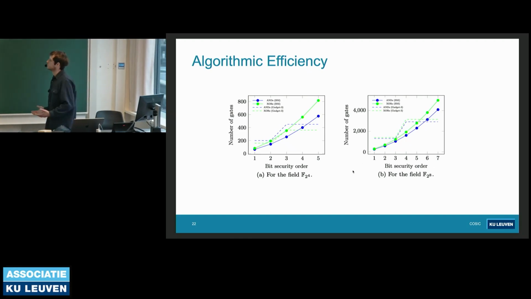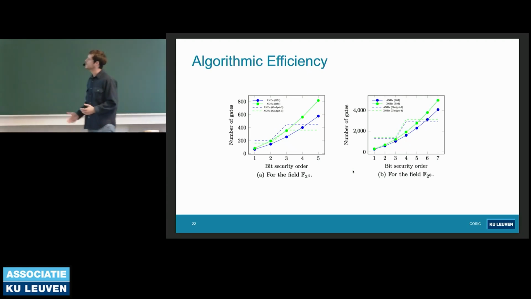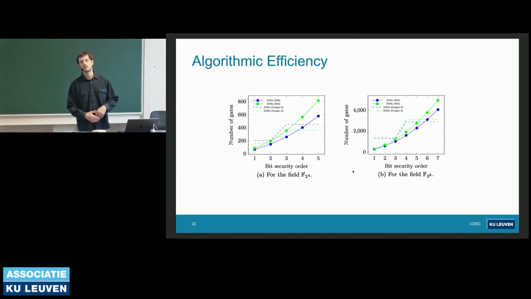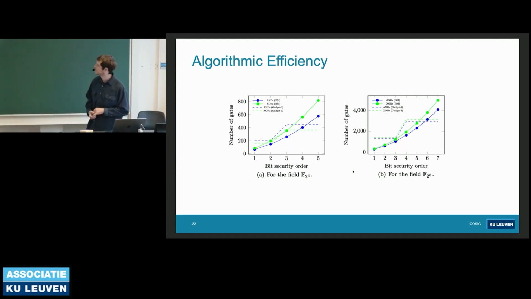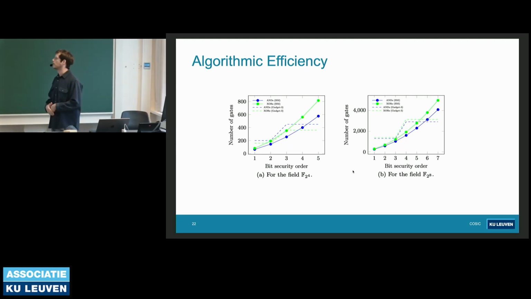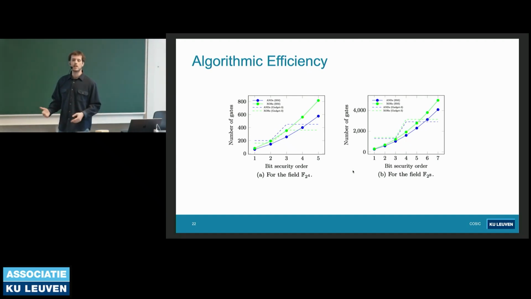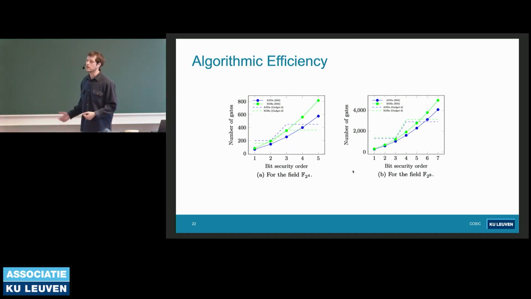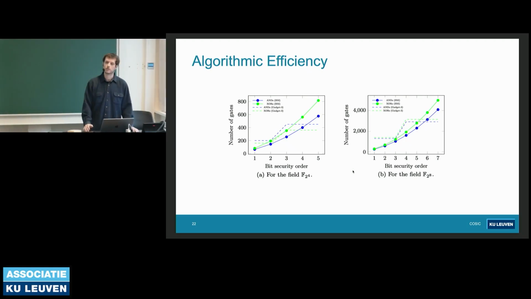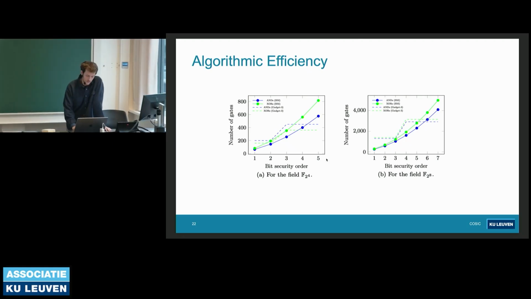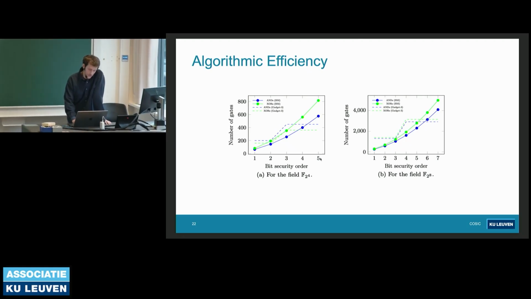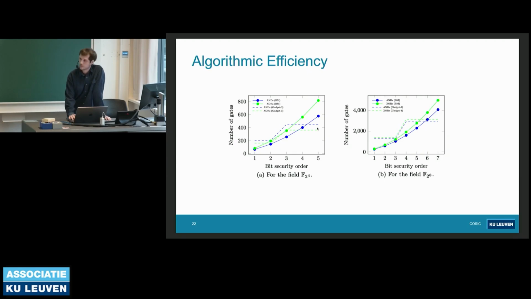What I want to say here is that thanks to the security order amplification of inner product masking, at some point you can maintain a smaller number of shares for a good level of security, and then you start to use fewer gates compared to Boolean masking that needs to increase the number of shares all the time. And this is what we see for 5th security order, we start to use fewer gates.